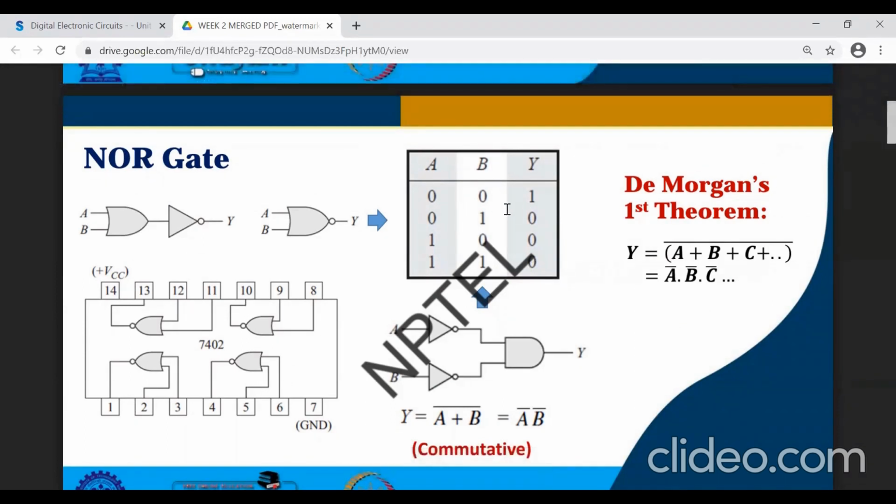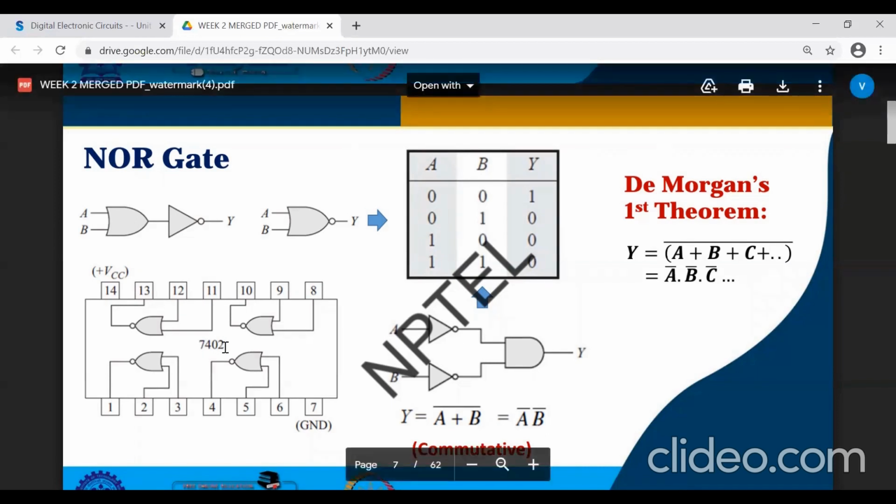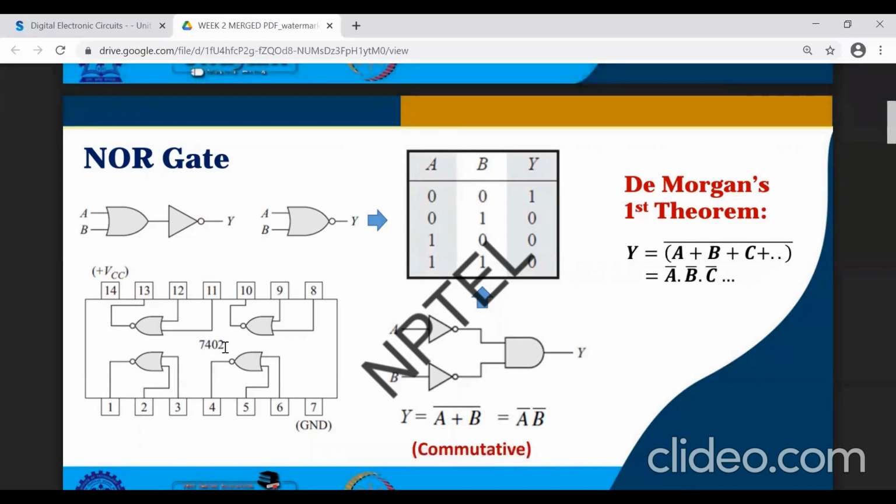In case of NOR gate, when all the inputs are 0, then output produced by the NOR gate is at logic level 1. And if one of the inputs is at logic level 1, then output produced by the NOR gate is at logic level 0. IC 7402 is NOR gate IC, which internally consists of 4 NOR gates.